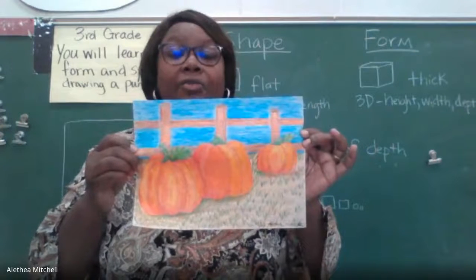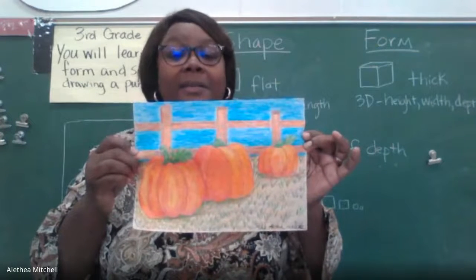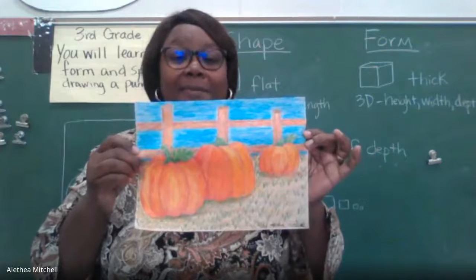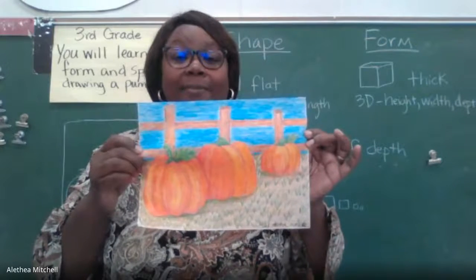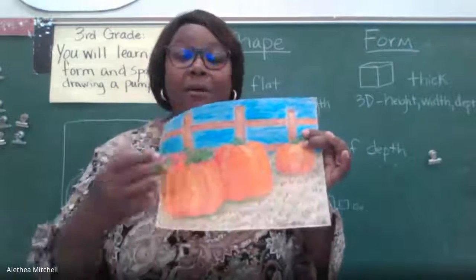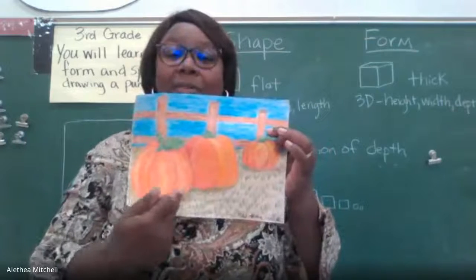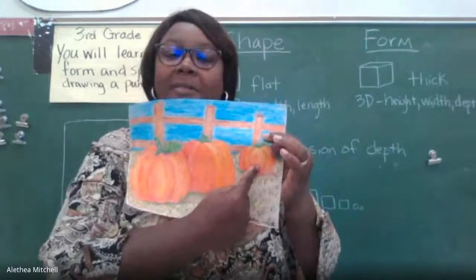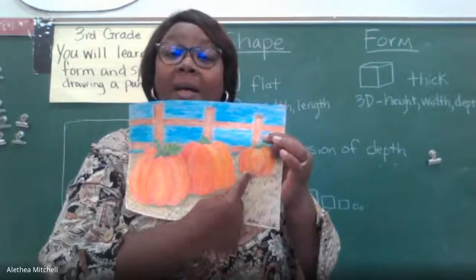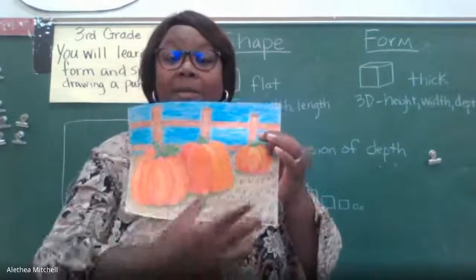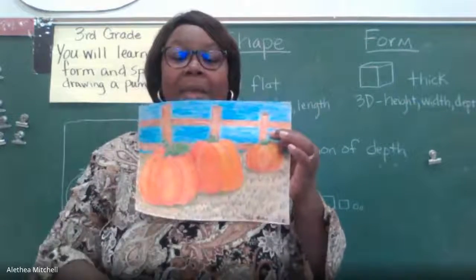So your drawing is to be drawings of pumpkins, and you're doing 3. You're doing large, medium, and small, and 2 of them should at least overlap, touch a little bit. And then one off in the distance should be a little smaller, a lot smaller than the first 2. So you're creating a background.